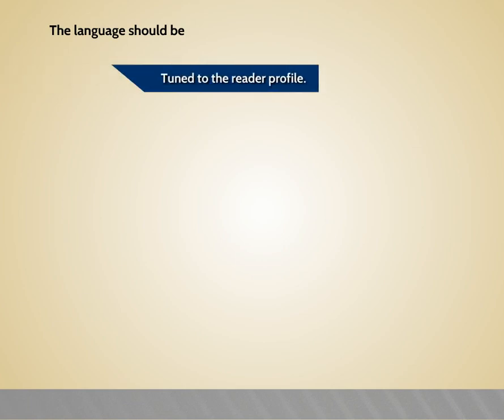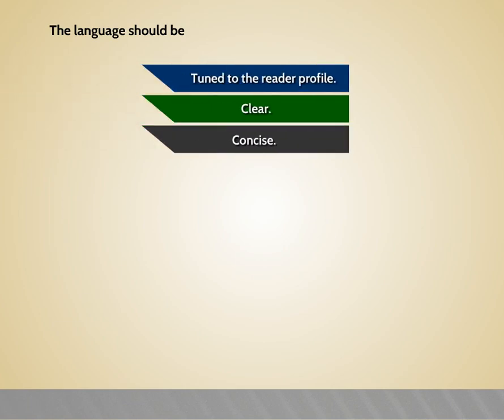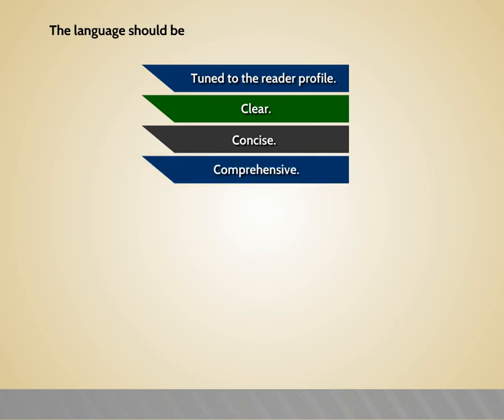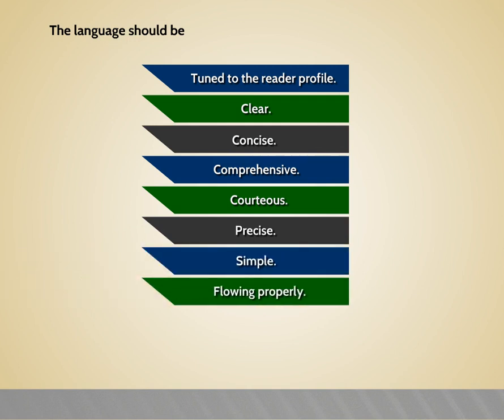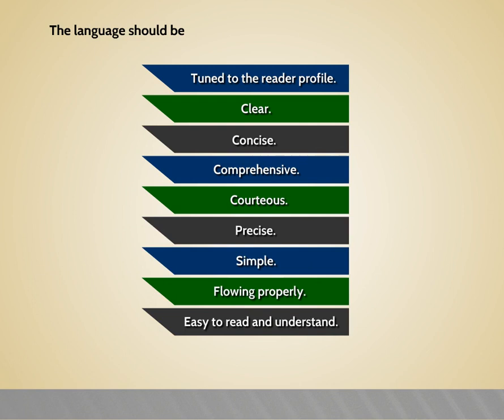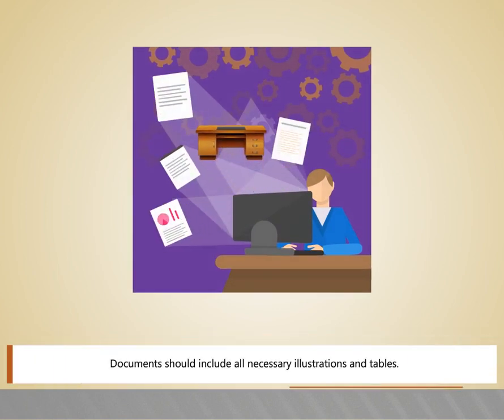The language should be tuned to the reader profile: clear, concise, comprehensive, courteous, precise, simple, flowing properly, easy to read and understand, maintaining continuity. Documents should include all necessary illustrations and tables.